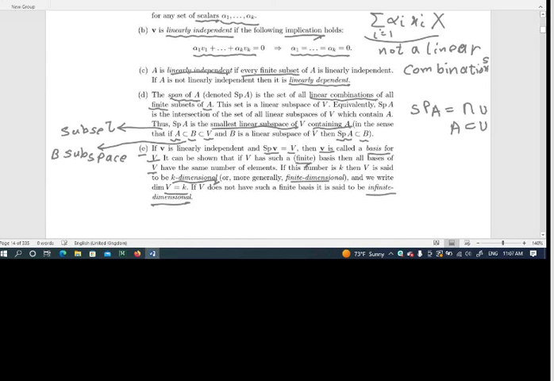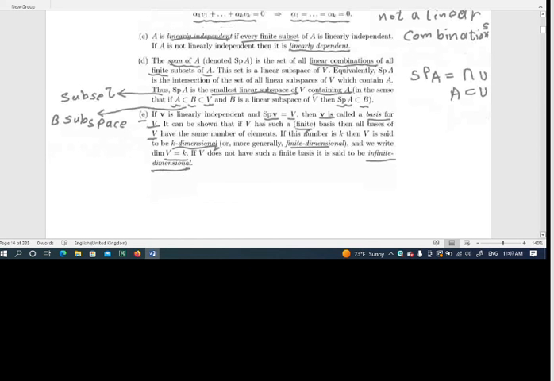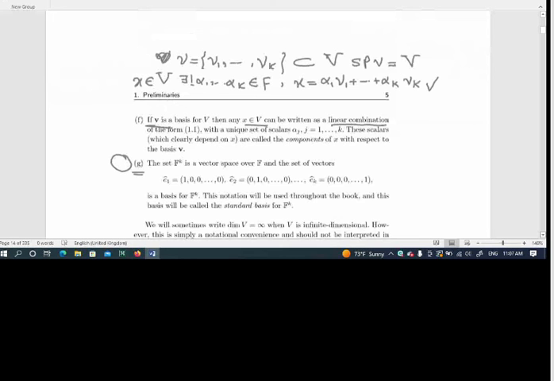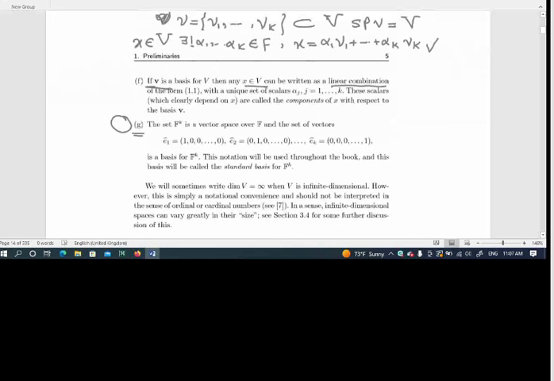So any vector space can be finite dimensional or infinite dimensional. If V is a basis for V, then any element X of V can be written as a linear combination of this form.